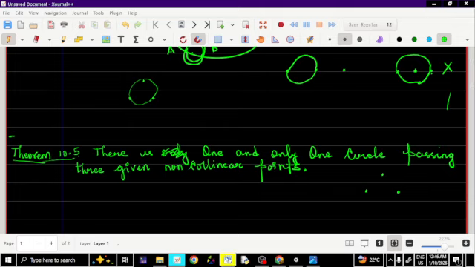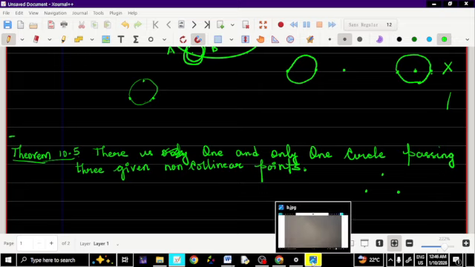Now I'll demonstrate the procedure on how to construct the circle passing through the three given points. As you can see here, I have 3 points A, B and C which are non-collinear. First, step one, I will join AB and I'll join BC. Next, I'm planning to draw a perpendicular bisector for the line segment AB.